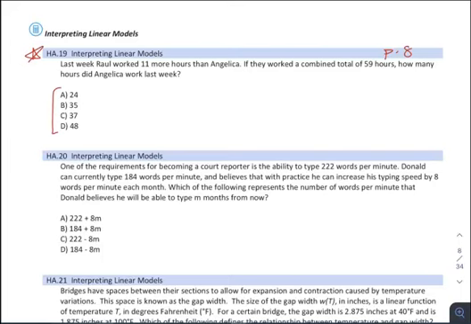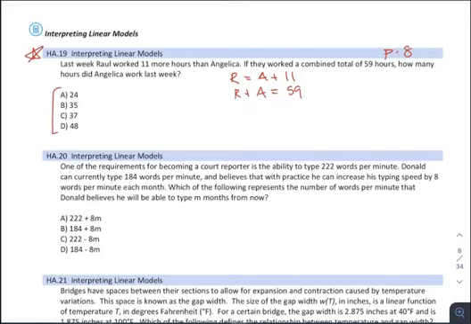If we read the problem, last week Raul worked 11 more hours than Angelica. So this means that R equals A plus 11, right? That would be a way to model that information. And if they worked a combined total of 59 hours, that means R plus A added together is 59. So here is my system of equations.